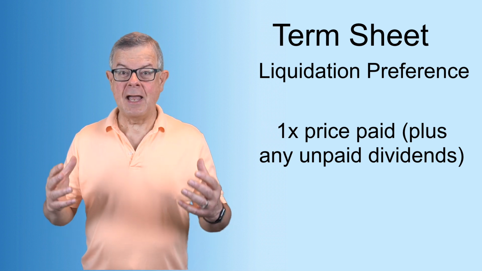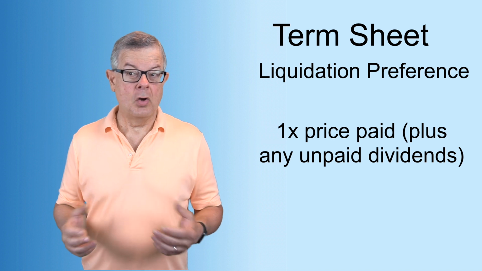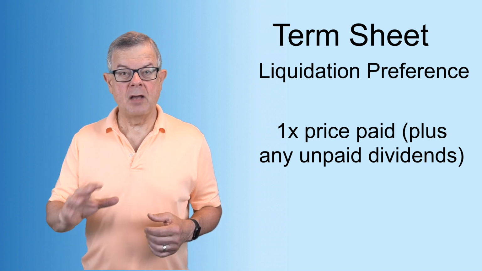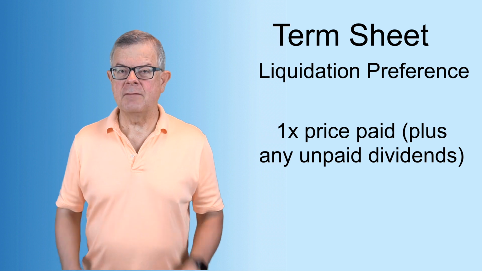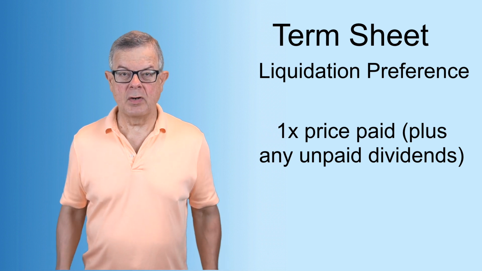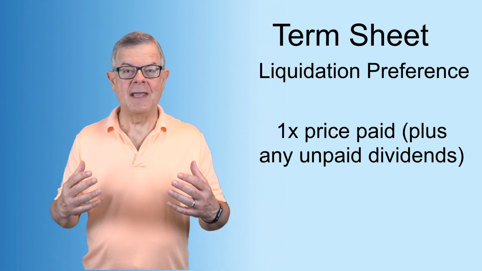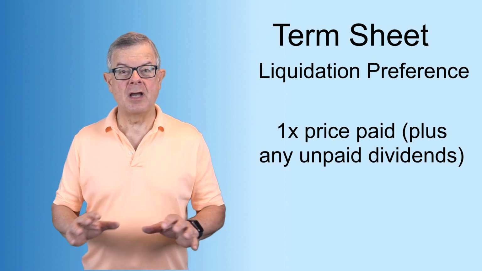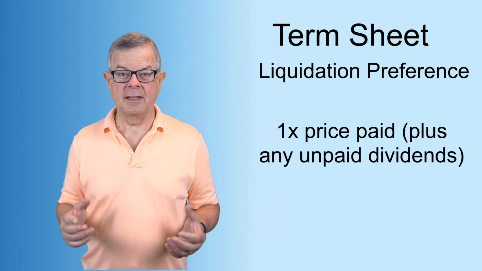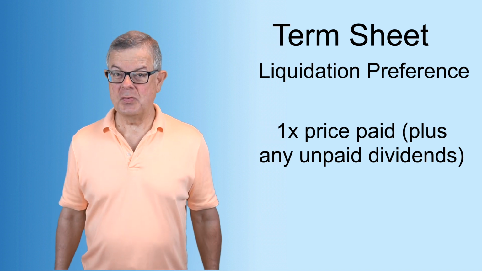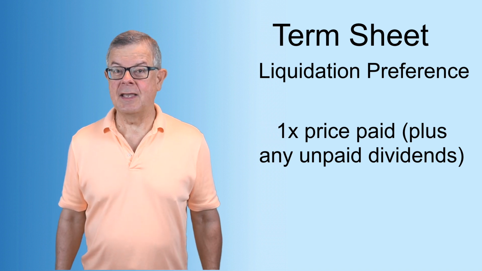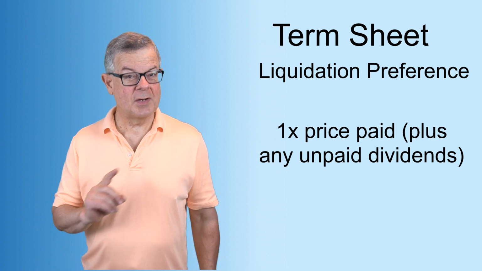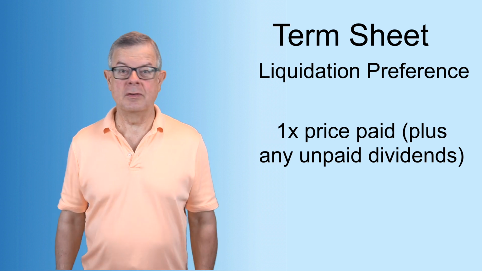But if it's not a very high valuation, or let's say the company is shutting down, but there's some cash left, well, then investors are going to go for their 1x preference. They get paid what they invested, if there's that much money available, before the common shareholders see anything. So the investors get to choose which way to go in the case of liquidation. That's one of the key special rights that a preferred shareholder receives.